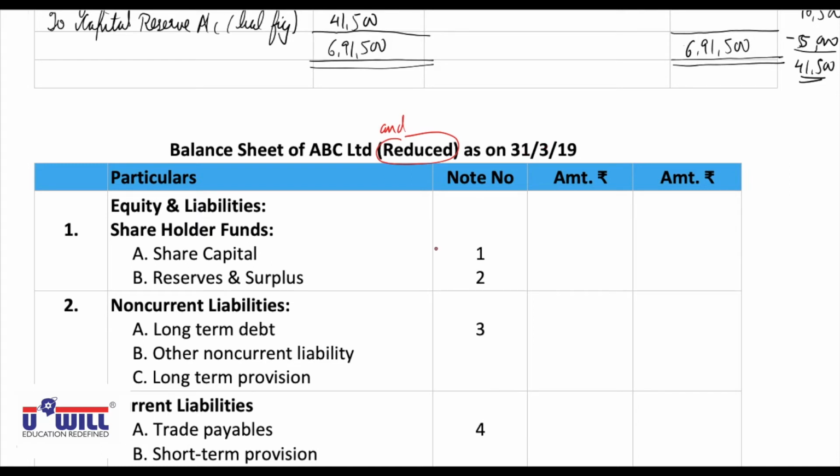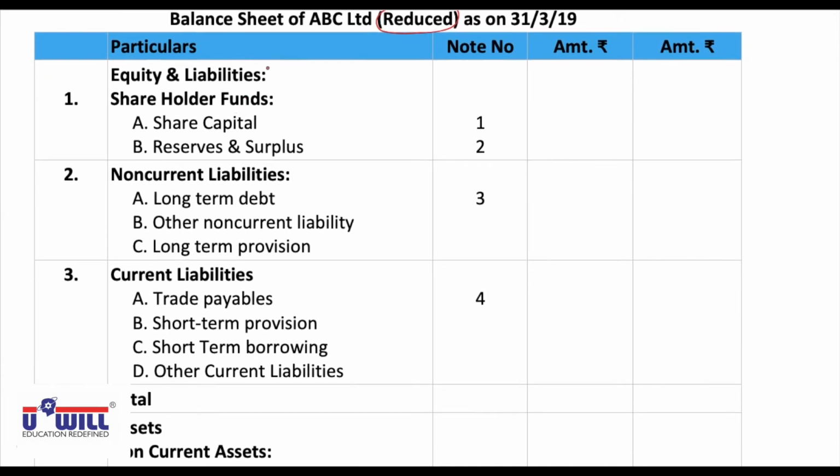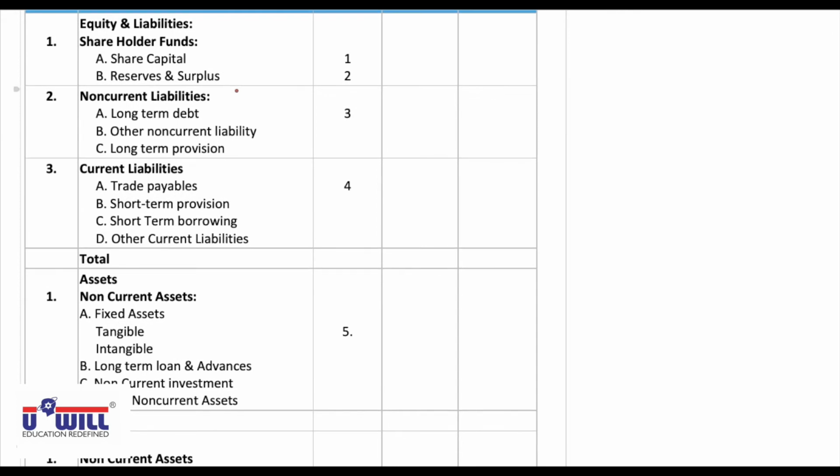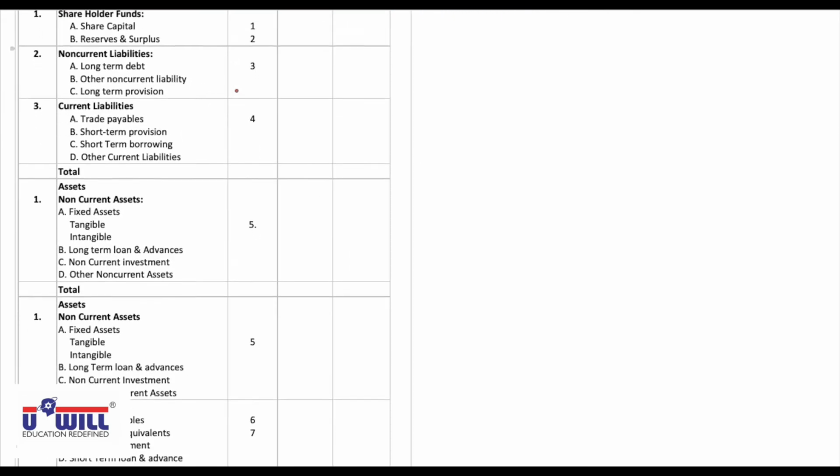Make a blank format of the balance sheet because first we'll make the notes, and after making the notes we will fill in the blanks. So equity and liabilities, shareholders funds, share capital, reserves and surplus, non-current liability. All of you pause the video and make this blank format fast.